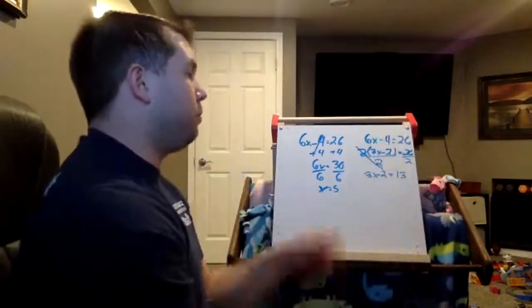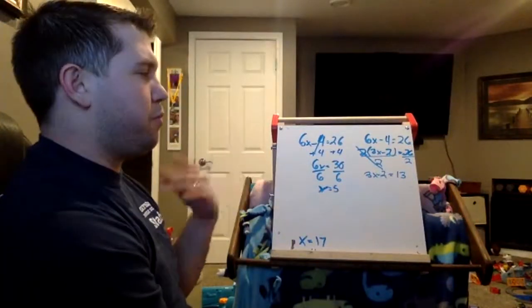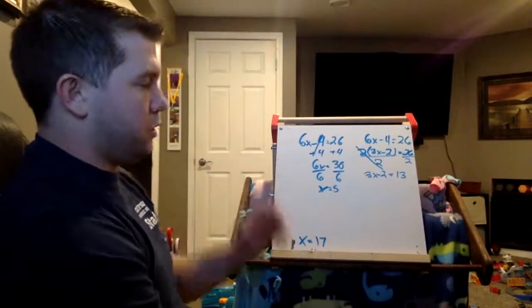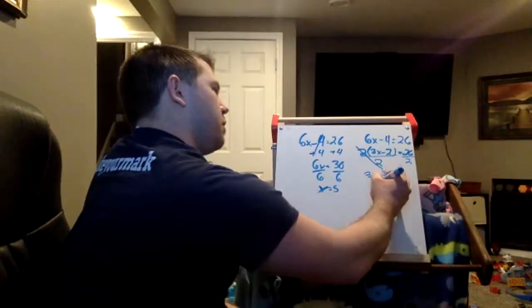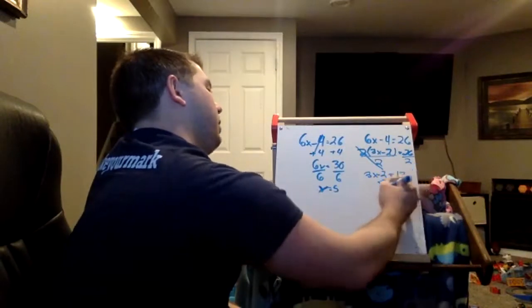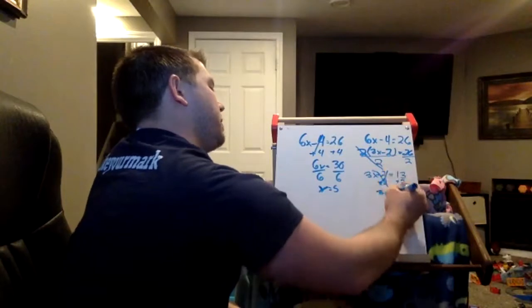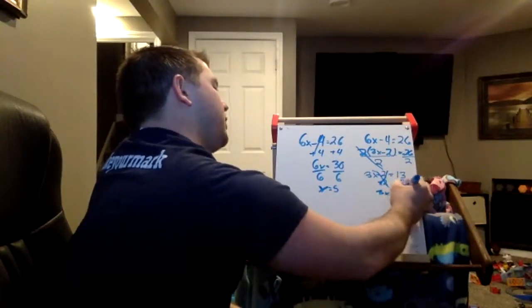Not a huge difference in the problem, but it makes it a little simpler, I suppose. Now I have a -2, so I can add 2 to both sides. I have 3x by itself, and 13 plus 2 is 15.